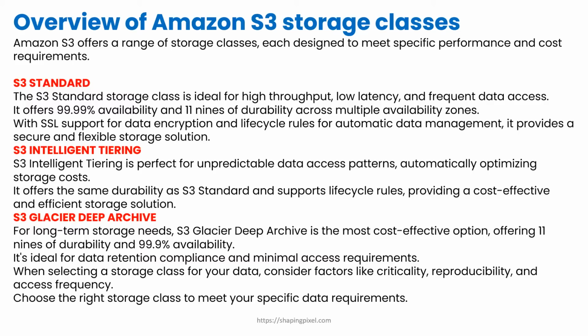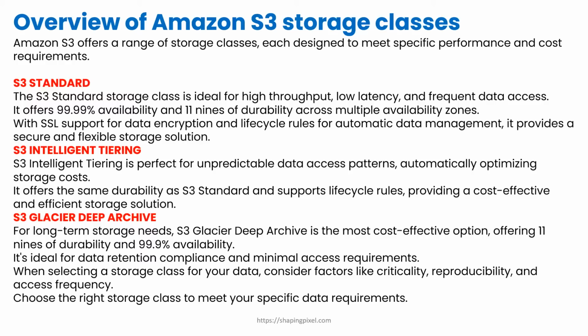With SSL support for data encryption and lifecycle rules for automatic data management, it provides a secure and flexible storage solution. S3 Intelligent-Tiering is perfect for unpredictable data access patterns, automatically optimizing storage costs. It offers the same durability as S3 Standard and supports lifecycle rules, providing a cost-effective and efficient storage solution.